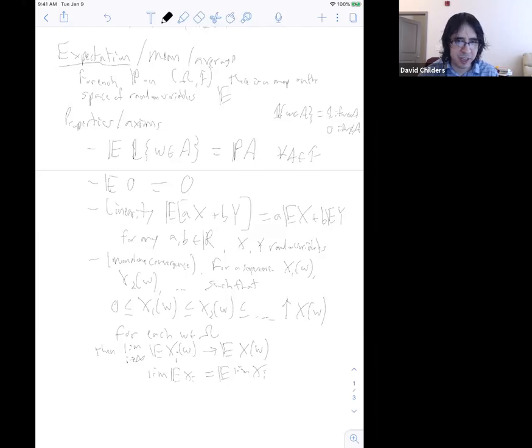And so that says we can interchange expectations and limits, but it only works for monotone increasing non-negative sequences of random variables.